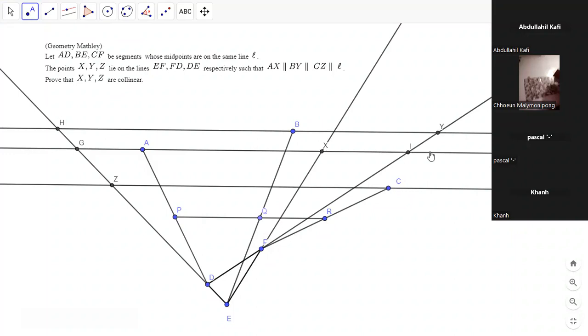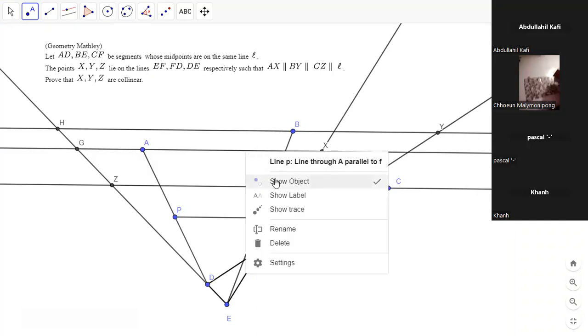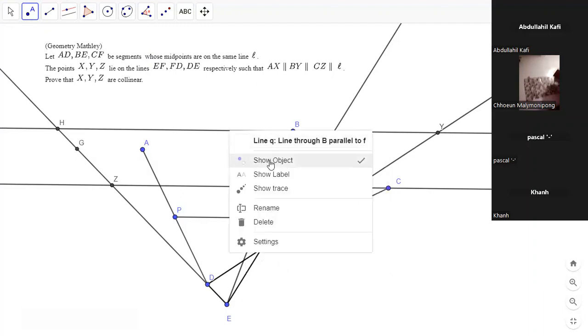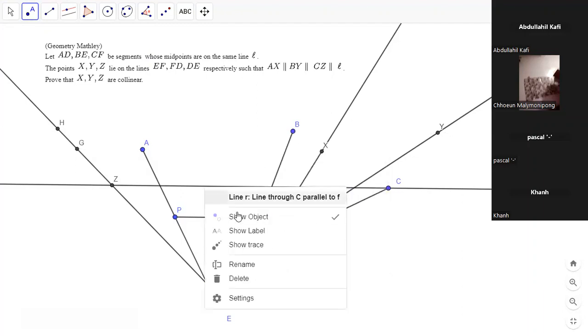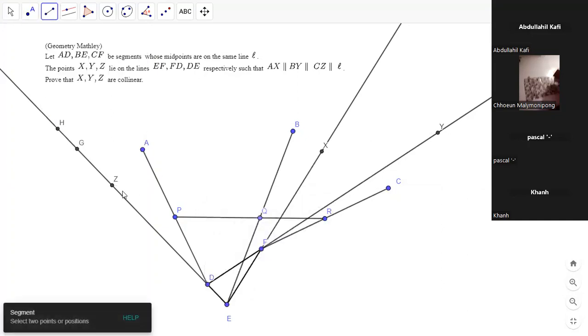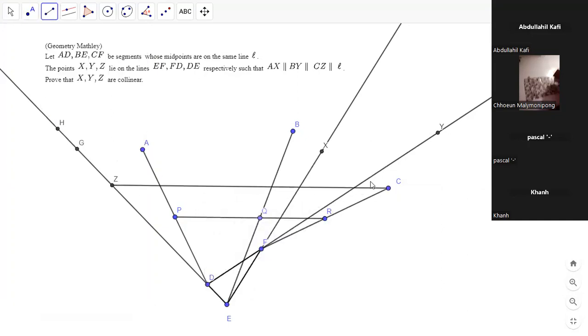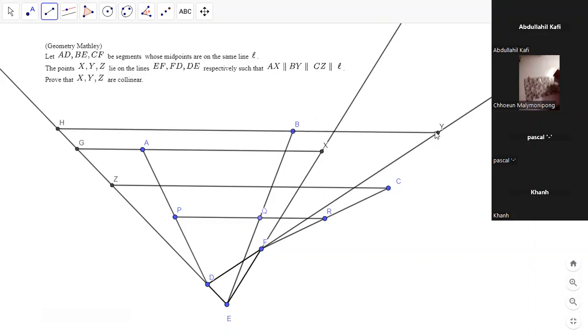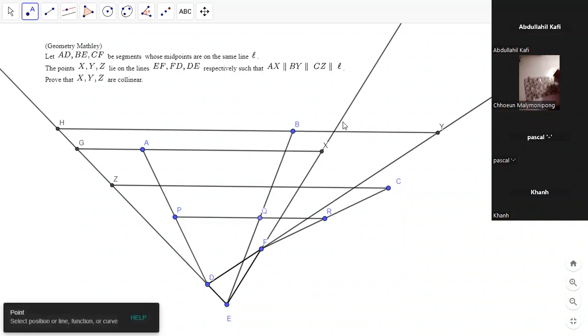So, I don't really need that point. I'll just draw this.